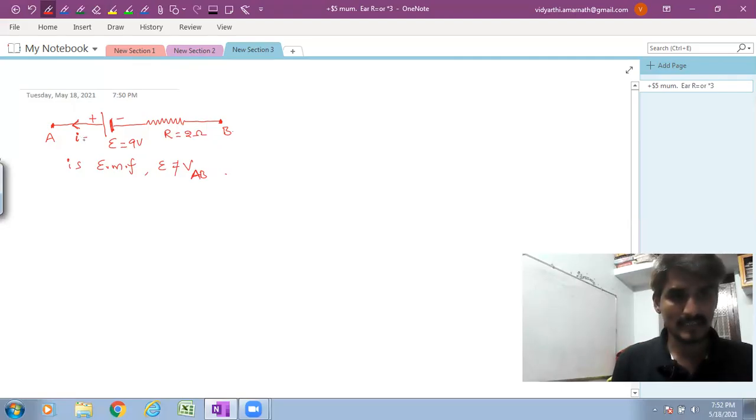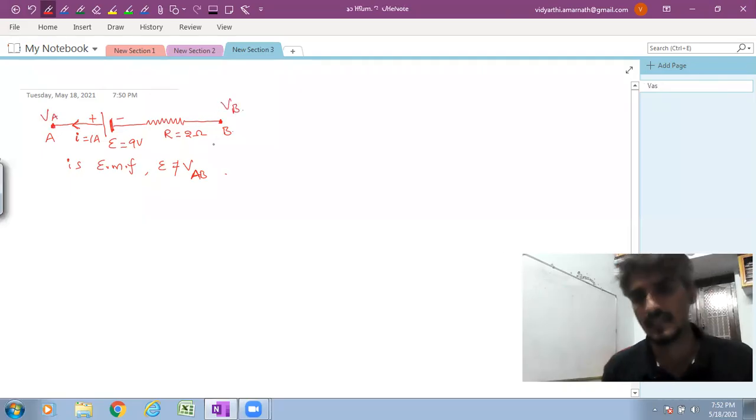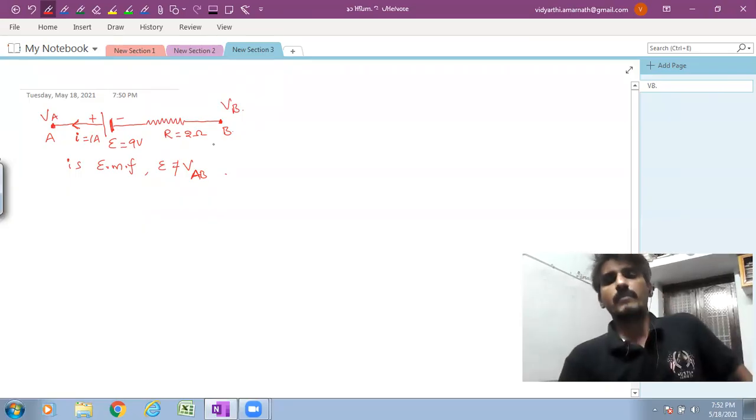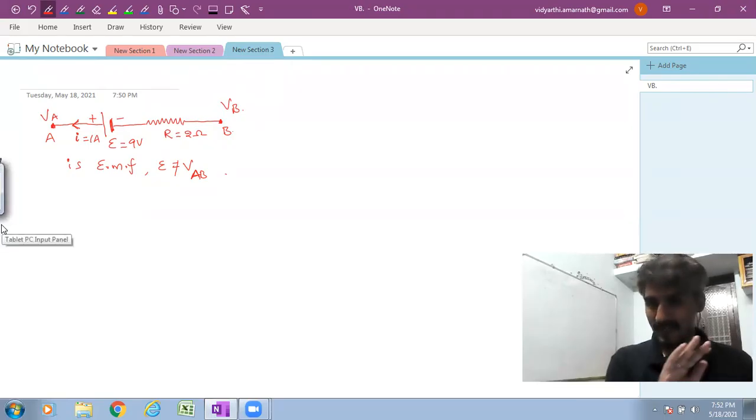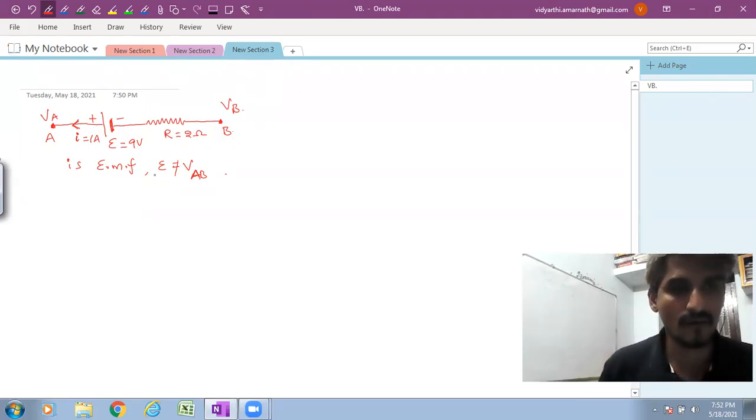Assume that the current is 1 ampere. At point A, the potential is VA, and at point B, the potential is VB. We need to find the potential difference between A and B. Is it 9 volts? Definitely not.